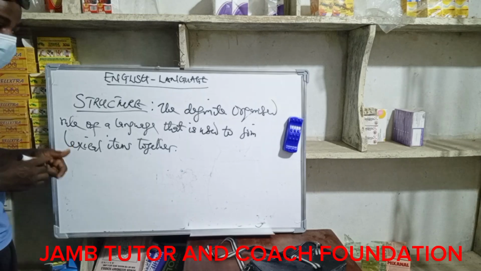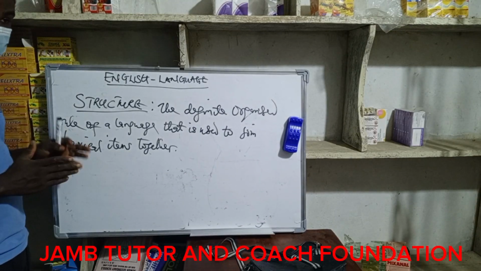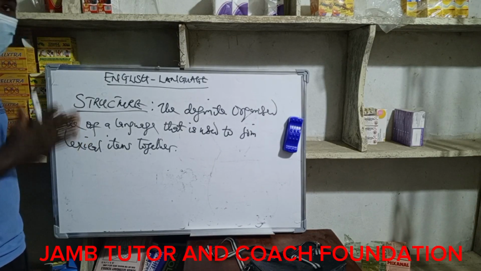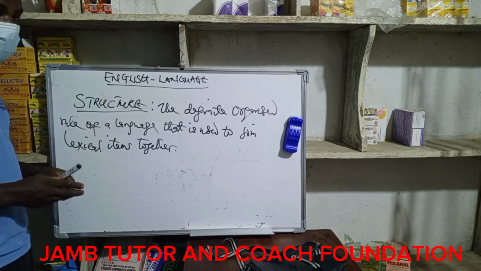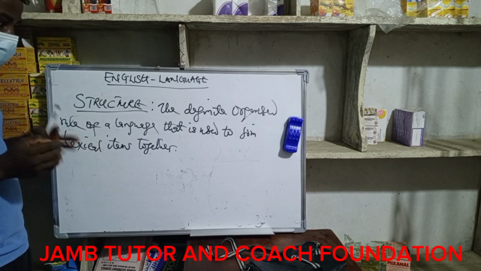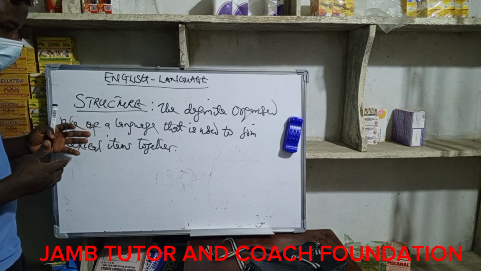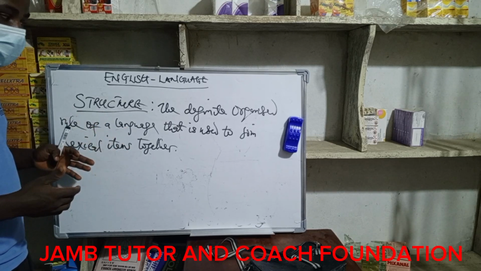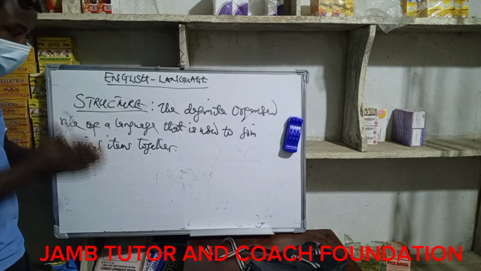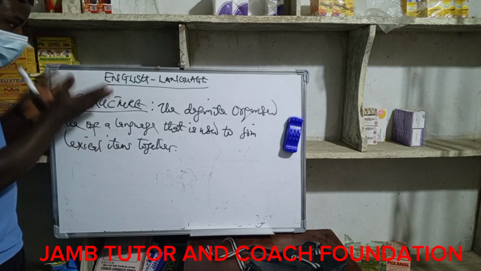So remember we said that each individual word in a language is referred to as what? Lexical items. So the rules, the laws that govern bringing these items together, one or more lexical items together to form a language, is what is being referred to as what? Structure.